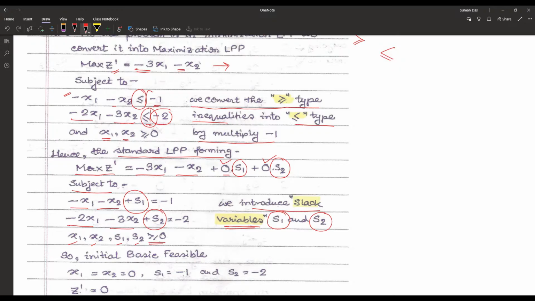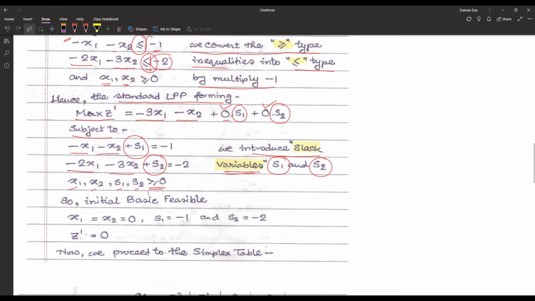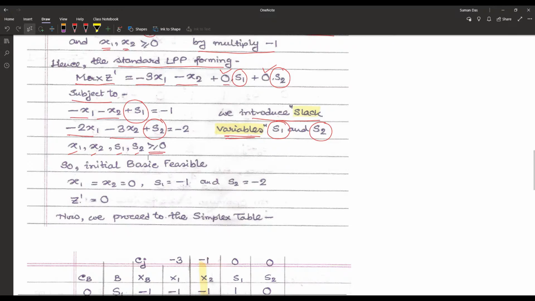Now we have to find the initial basic feasible solution. Here we consider x1 and x2 as equal to 0.